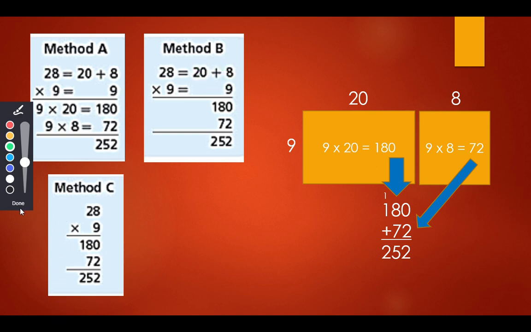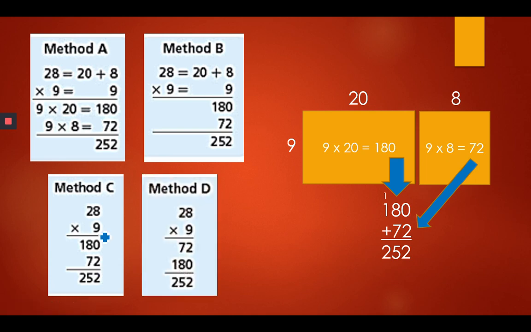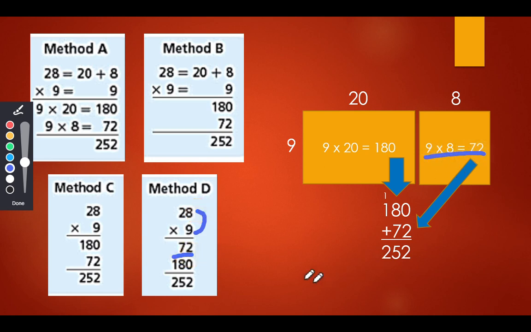So then our very last method that we're going to compare right now is method D. And it is exactly like method C, except we're going to do this one this time. We're going to multiply our ones first. So we've got 9 times 8 equals 72, and you can see that right here.